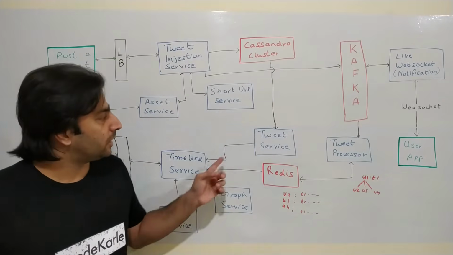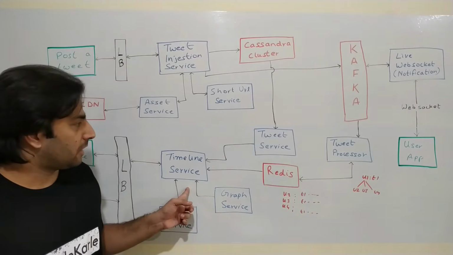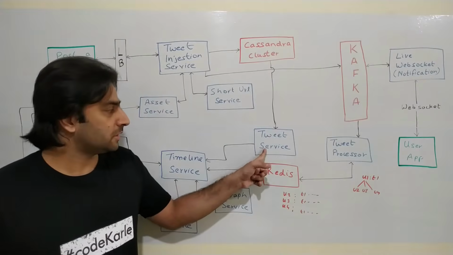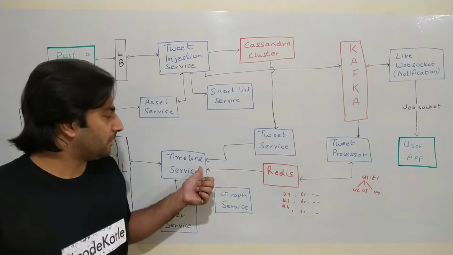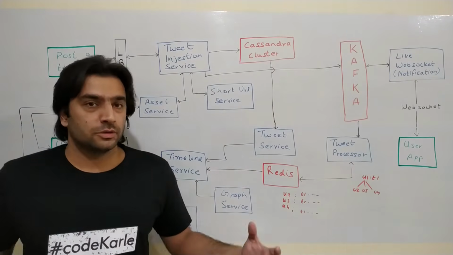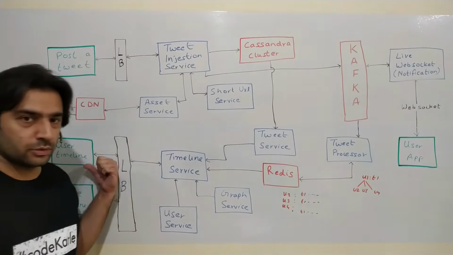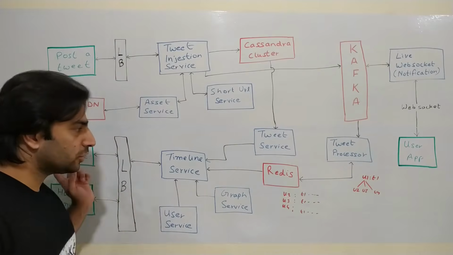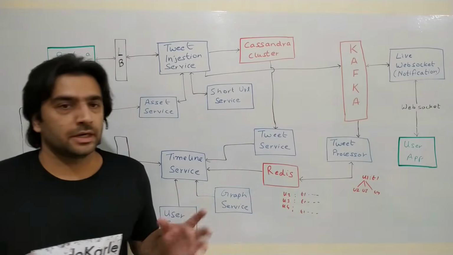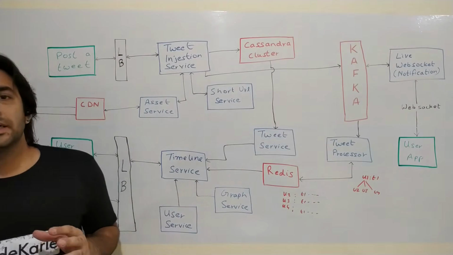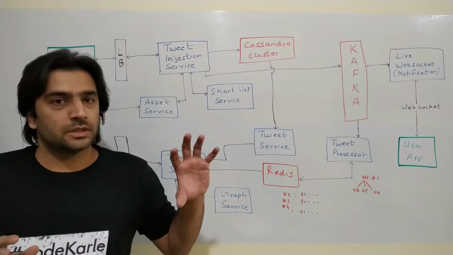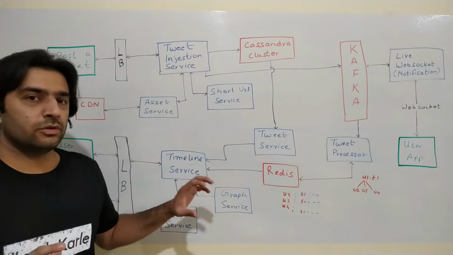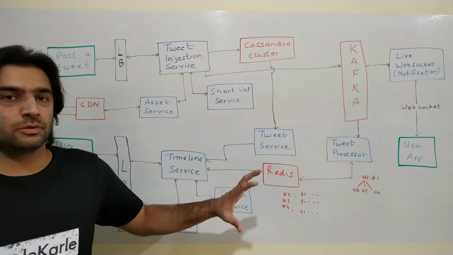Cool. Now the timeline service, after querying the graph service and the tweet service, has all the tweets of a person like Donald Trump. It also has the tweets of normal users, and it can show them on the UI, right? But before showing them, it can update Redis, saying that I have not just captured the regular users, I have also captured the famous users.